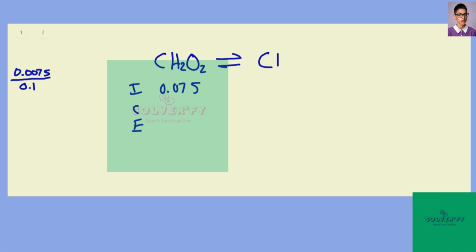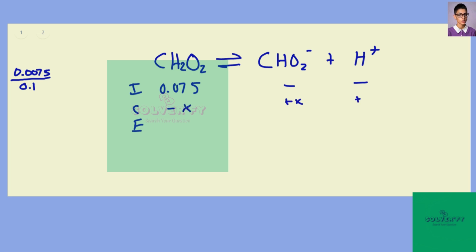And then we have our conjugate base, CHO2 minus, plus our proton, or H3O plus, either way. So we don't have any initial of this because the HCl has perfectly neutralized the formate.